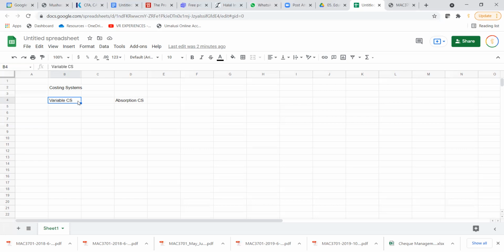So management accounting is more about short-term decision making, and as a result, you will have fixed costs and you will have variable costs. Now, for management decision making, a lot of the decisions they can make changes only with variable costs. They can't really make changes to fixed costs.